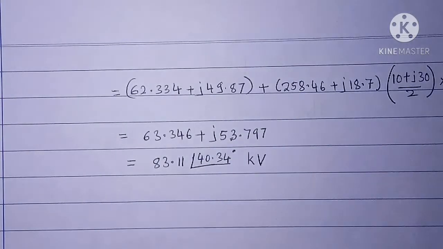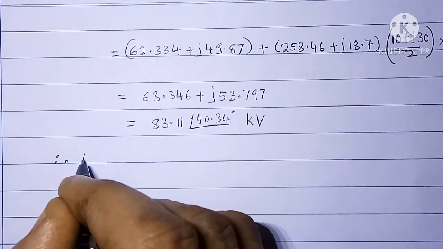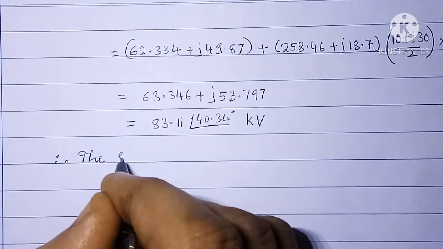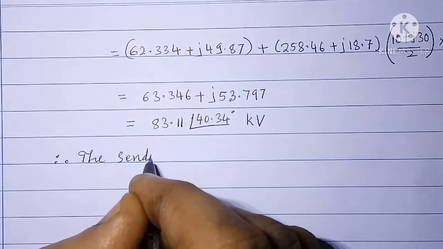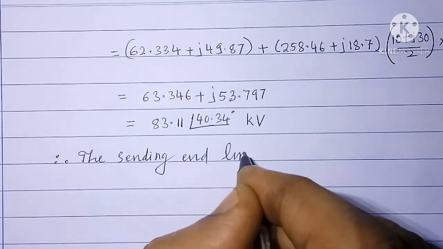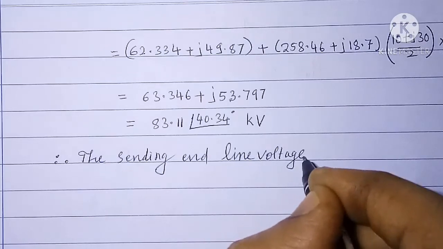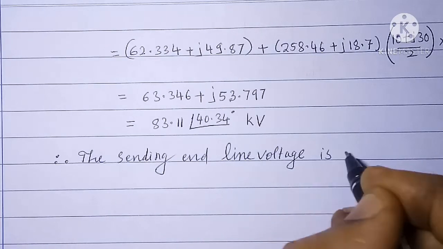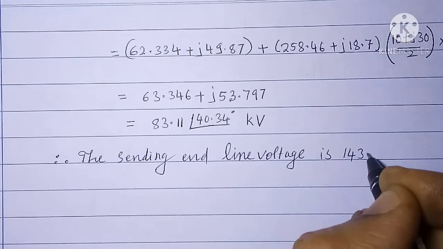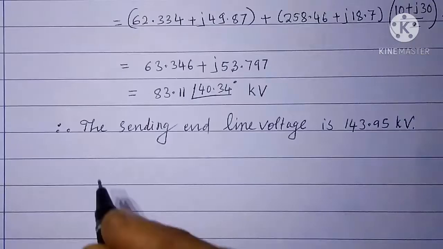Unit is kV. Therefore, the sending end line voltage is 143.95 kV.